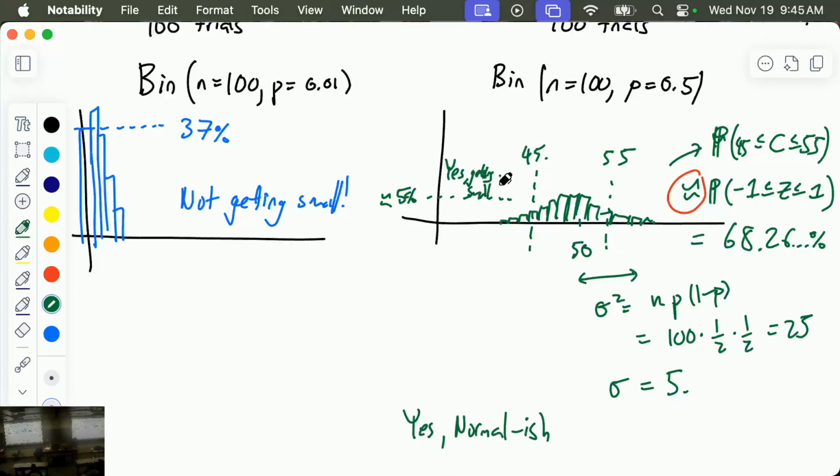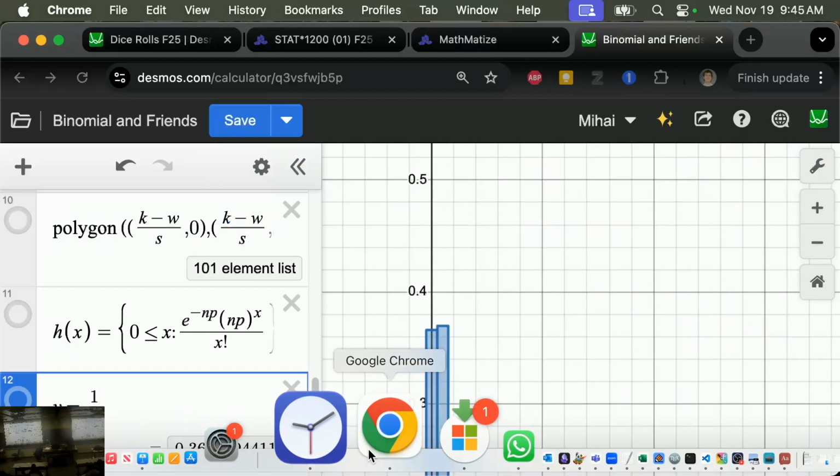You could calculate all sorts of things, like the standard deviation and so on. But the real thing to notice is the picture is totally different. So the real conclusion is no, this is not normal-ish.